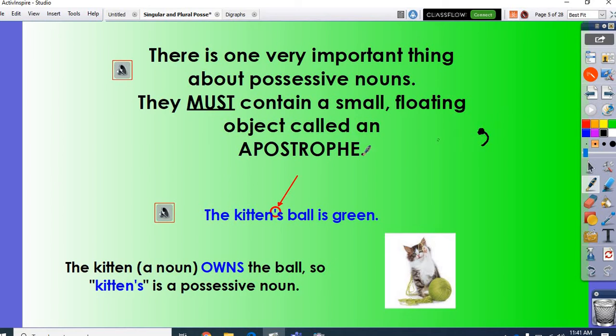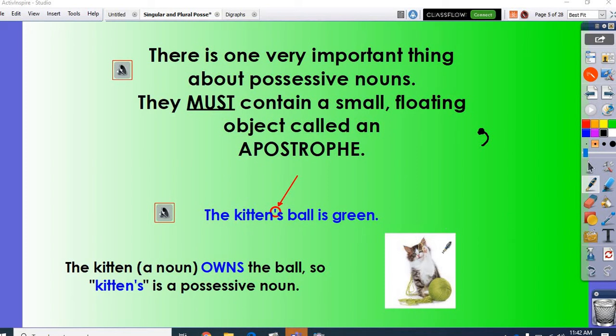That's an apostrophe. And they do float up here in the air. See how it's up here? We also had something that looked like that called a comma when we put commas in things. So commas and apostrophes look like the same thing, except apostrophes are up in the air and commas would be down on the ground. But this is the apostrophe.